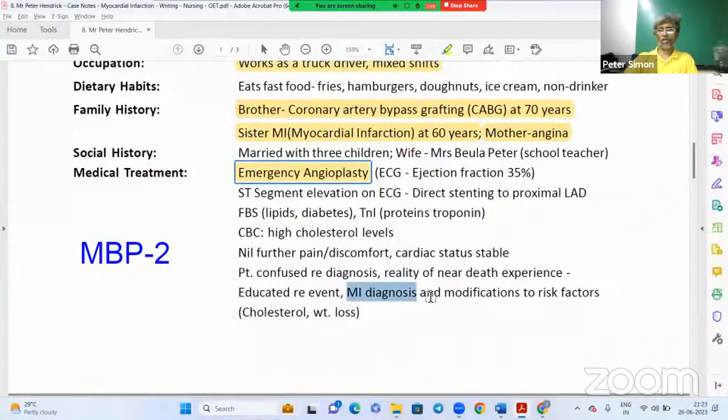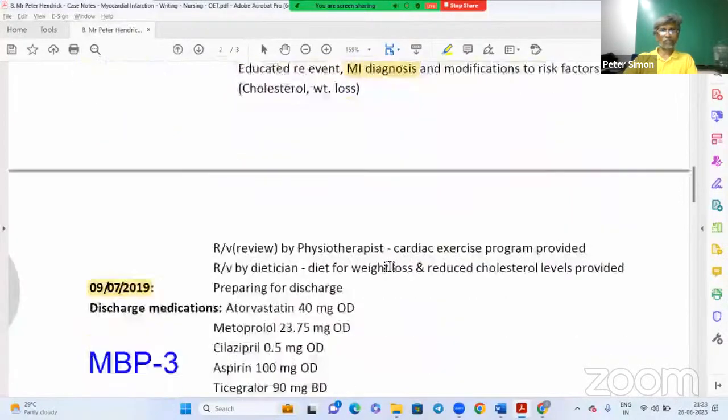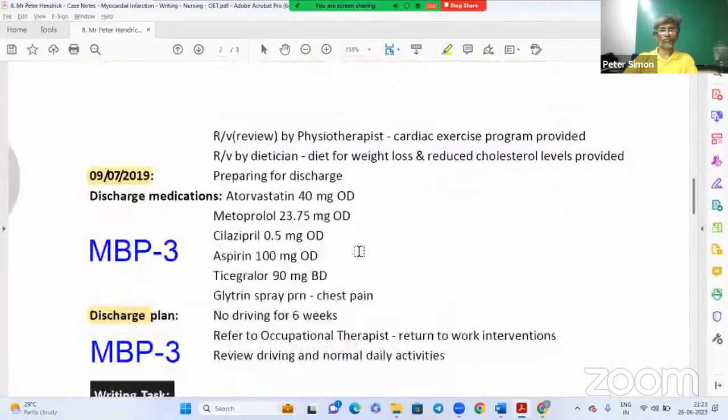Myocardial infarction was diagnosed. We already have written modifications to risk factor, cholesterol and weight loss. So cholesterol and weight loss, both. Education regarding events of a myocardial infarction. You can provide education regarding this.